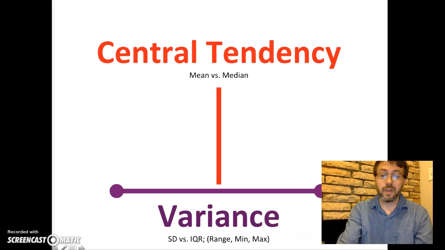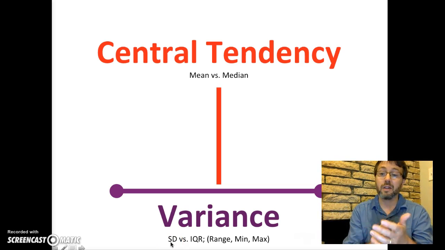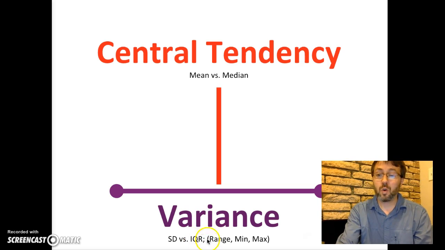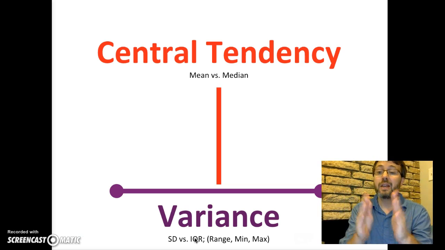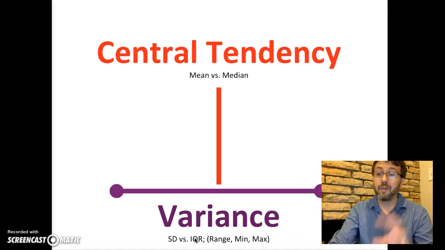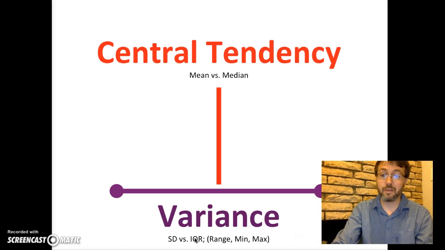The standard deviation is often used to describe the variance, how the data are spread around the mean for a normally distributed number. And conversely, the interquartile range, the 25th percentile and the 75th percentile, is the convention used to describe the variance around a median for data that are not normally distributed. So I'd like to take a look at how variance plays out within our data set with a few examples.